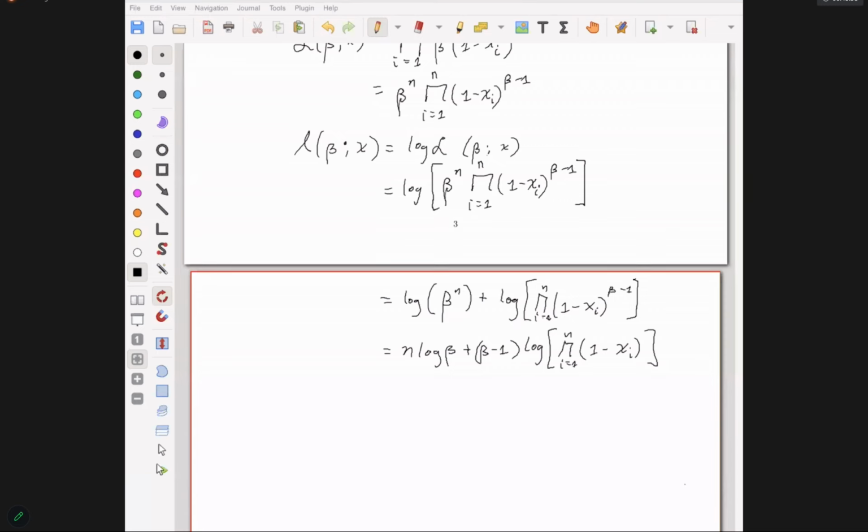But we have a product inside of the logarithm, so the logarithm of the product turns into a sum from i equals 1 to n of log of 1 minus xi. Does that make sense? Yes.